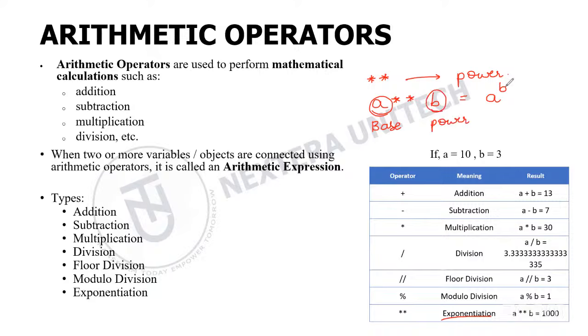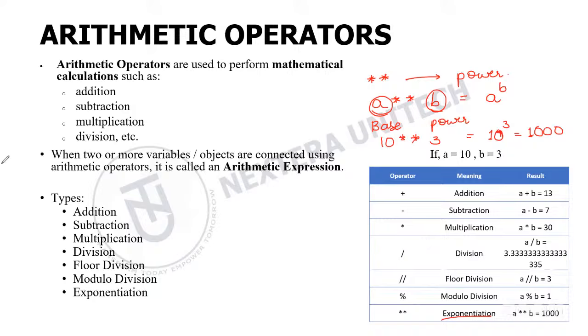So when you do 10 exponentiation 3, that will be 10 power 3. 10 power 3 is 1000, so 10 is multiplied 3 times, right? That is how the exponent operator works.